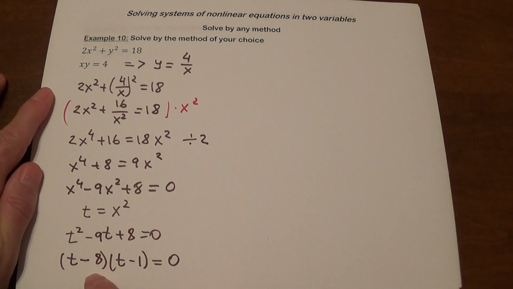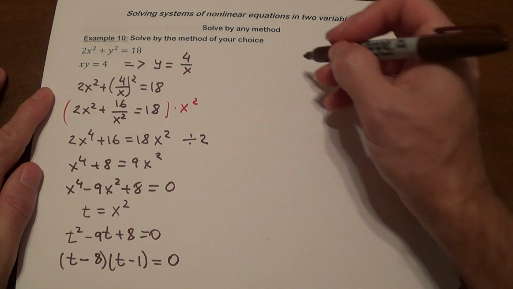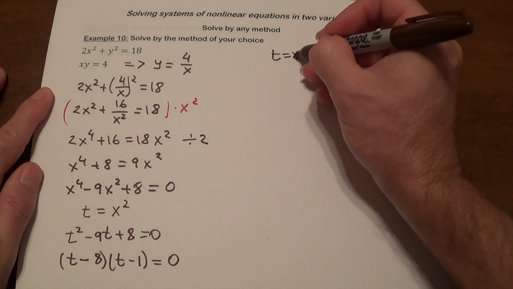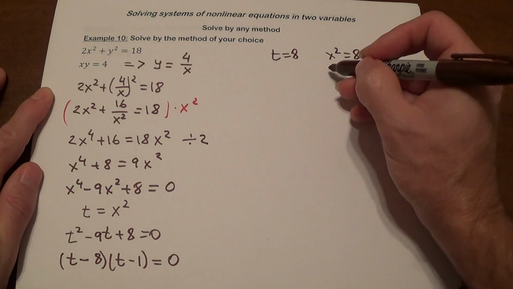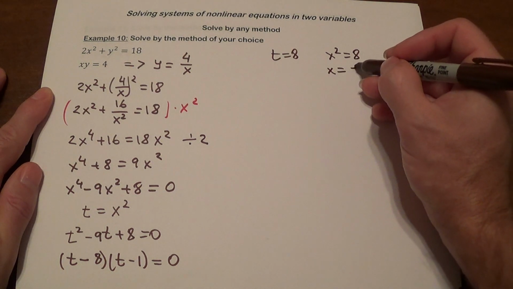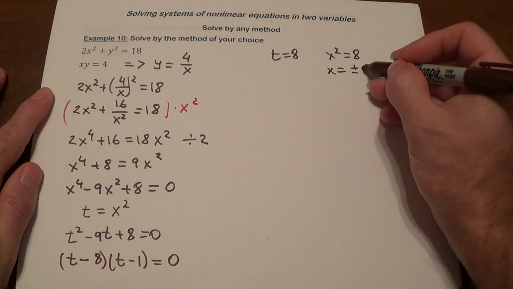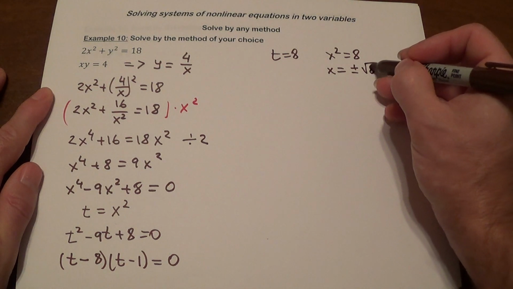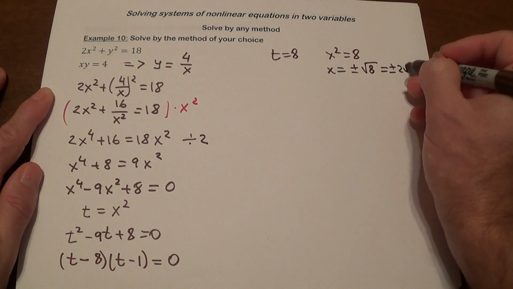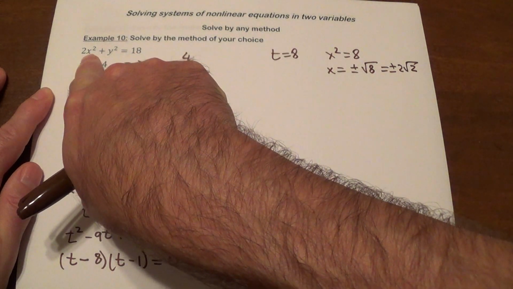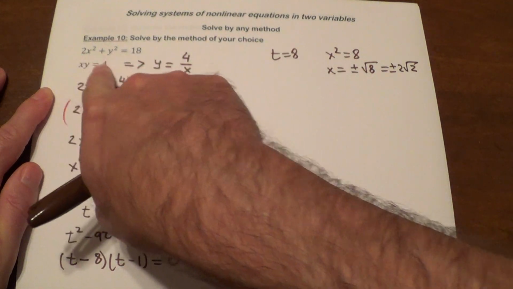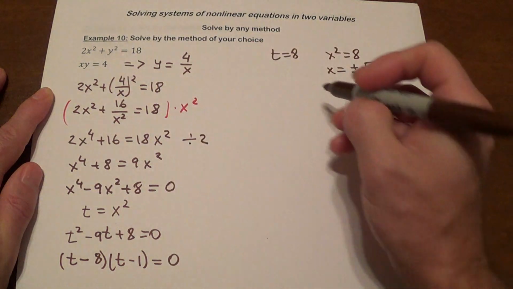But remember, that's t. We've got to go back to x. So when t equals 8, that means x squared equals 8. So that means x equals plus or minus square root of 8, which is plus or minus 2 square root of 2. But going back to the first equation, well, you can actually use the second one. It's probably easier.